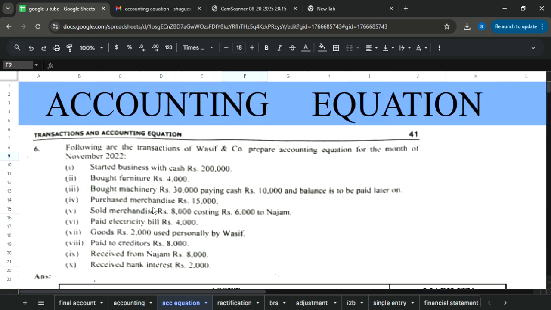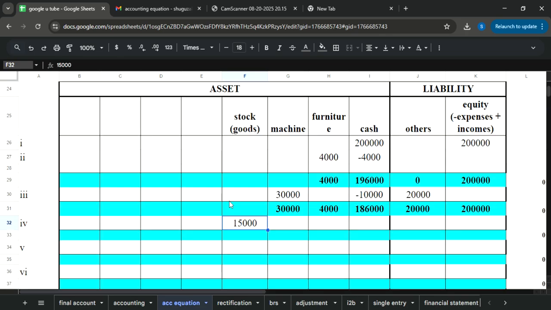Next, nothing is mentioned. Name is not mentioned, cash is not mentioned. So you will suppose that you have bought goods and merchandise. Obviously, when you buy, you will have to pay. Cash will go out, so minus 15,000 you will post over here.